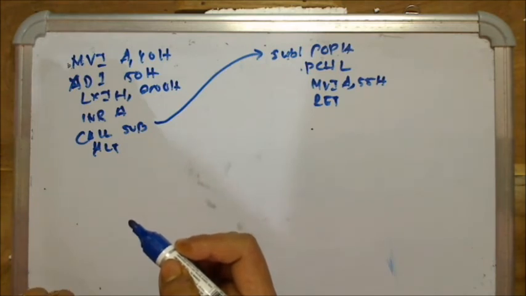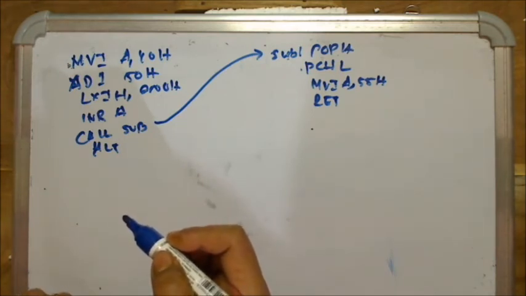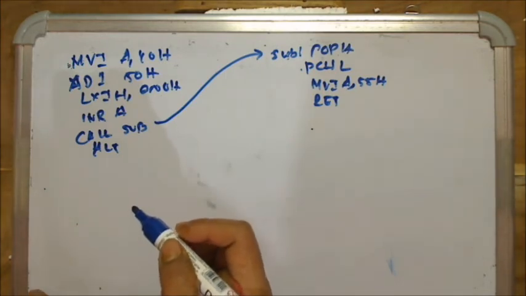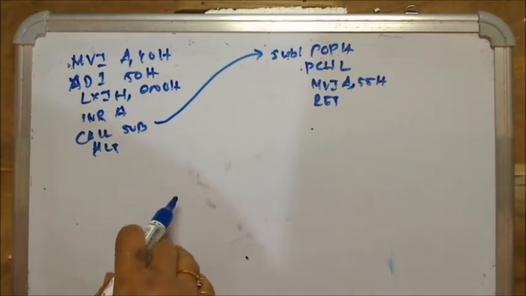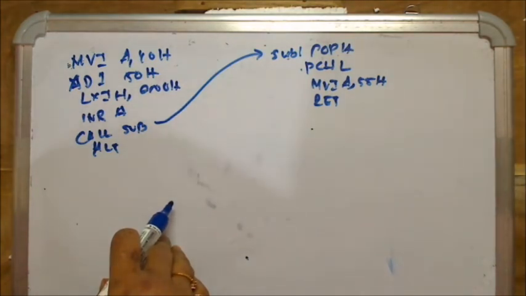So let's go to the subroutine. POP H. What does POP H do? It pops the data from the stack into the HL pair. What is there on the top of the stack? We have not pushed anything, so what are you popping?